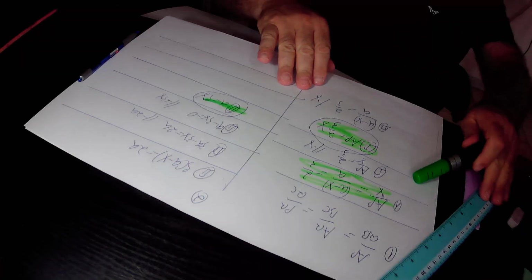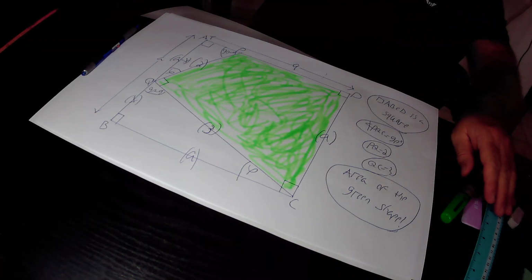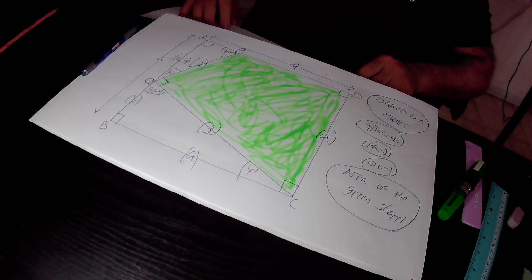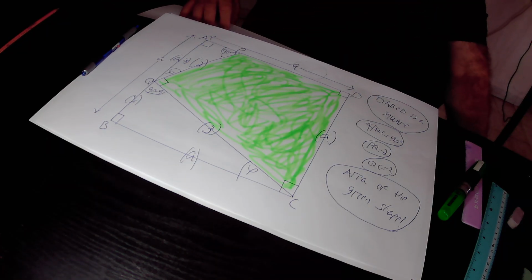In the next step, I copy this right triangle QBC in a new page, and we implement the Pythagoras theorem of this right triangle QBC.